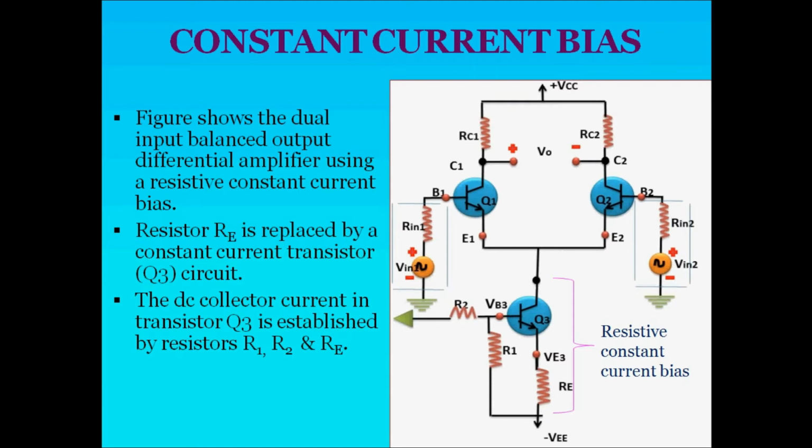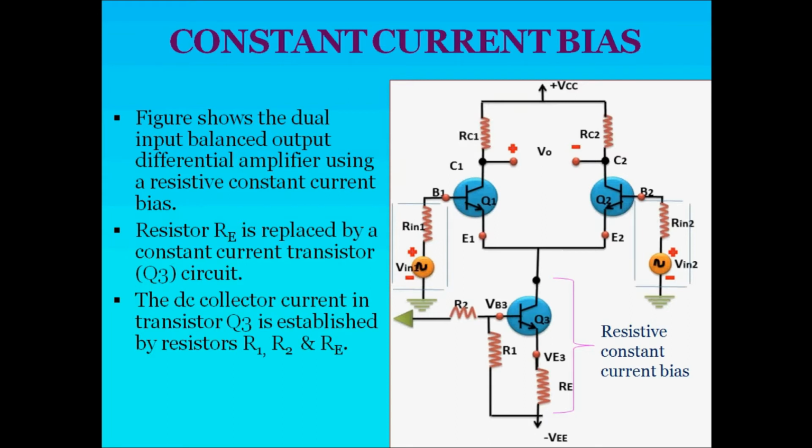We know that these two transistors are identical. So half of the current IC3 is flowing through the emitter of Q1 and half through the emitter of Q2. So we can write the equation for IE1 and IE2 also.